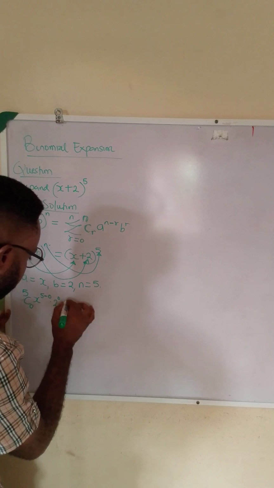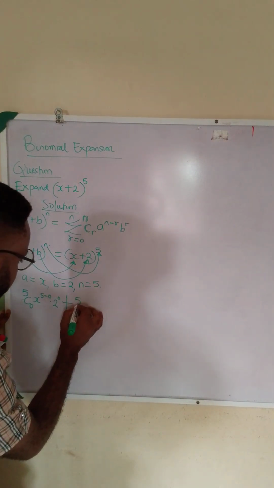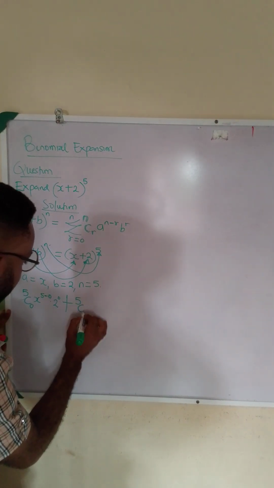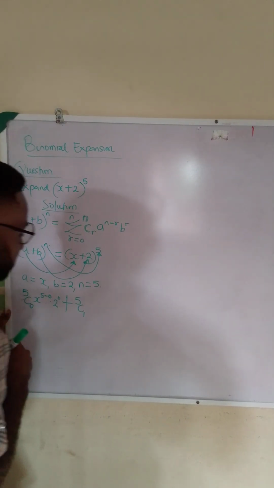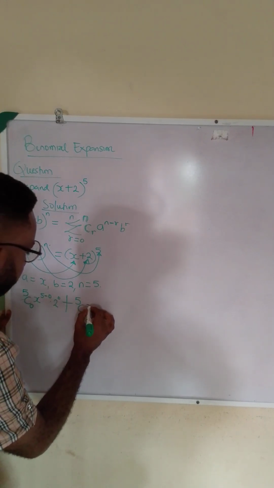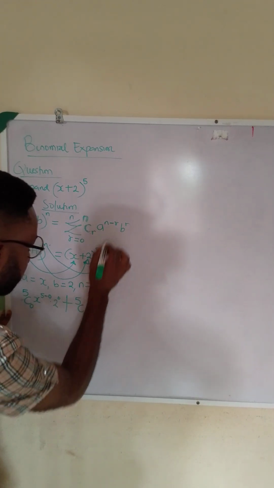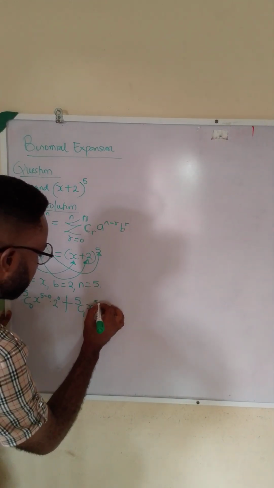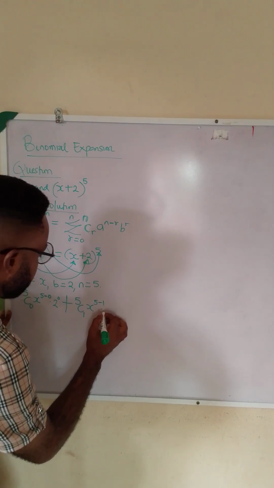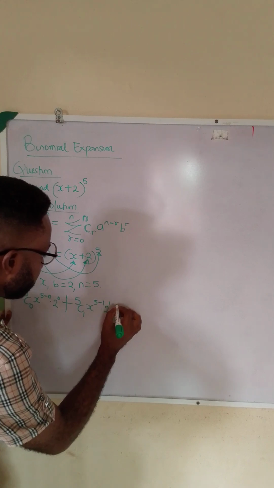Plus, our n is still 5 combination, and our r now will be 1, note we start from 0. a is still x raised to n, which is 5, minus r, which is 1, dot b is 2, raised to 1.